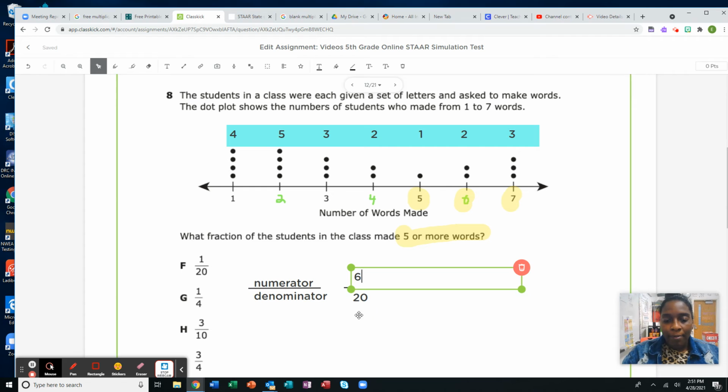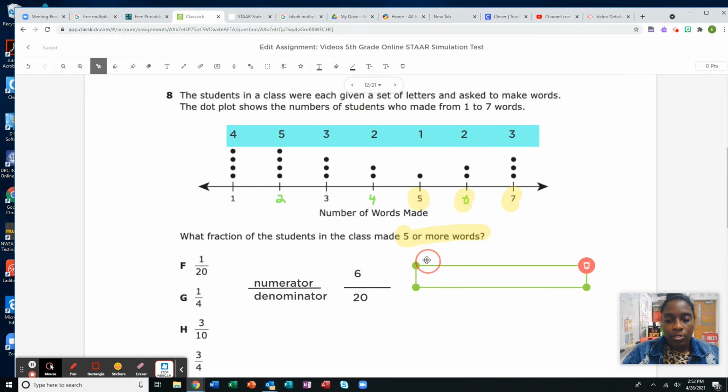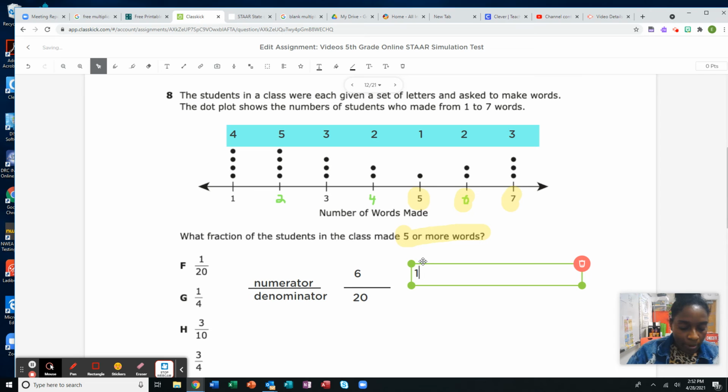Well, I can't stop right there because if I look at my answer choices, I know that I need to reduce this fraction. Okay, so I'm going to reduce my fraction. And to reduce my fraction, I need to write out all the factors for 6 and for 20. For 6, I know that 1 times 6 equals 6.